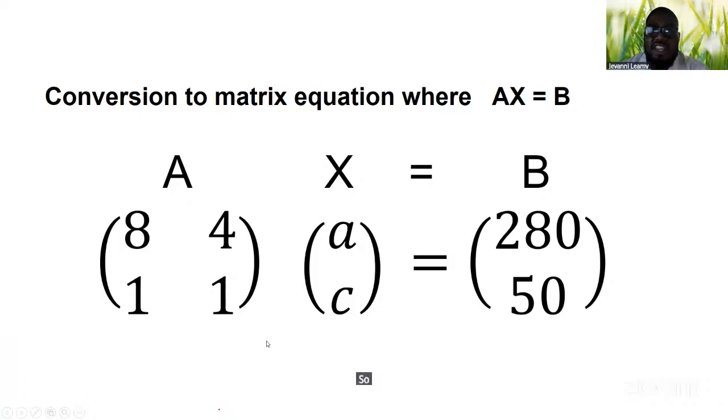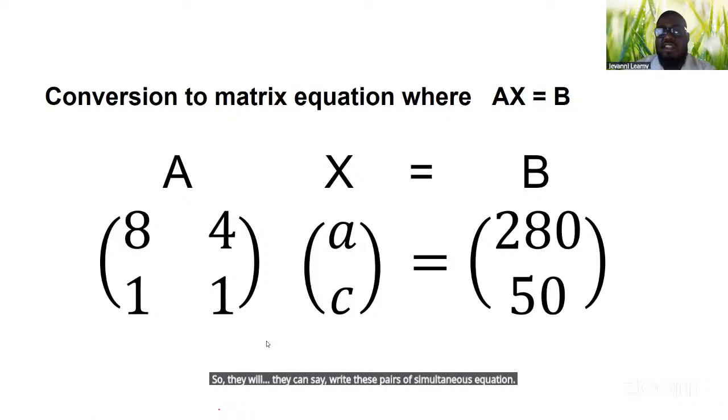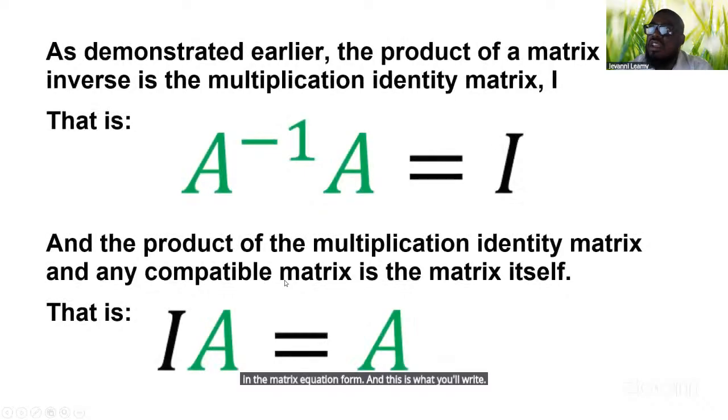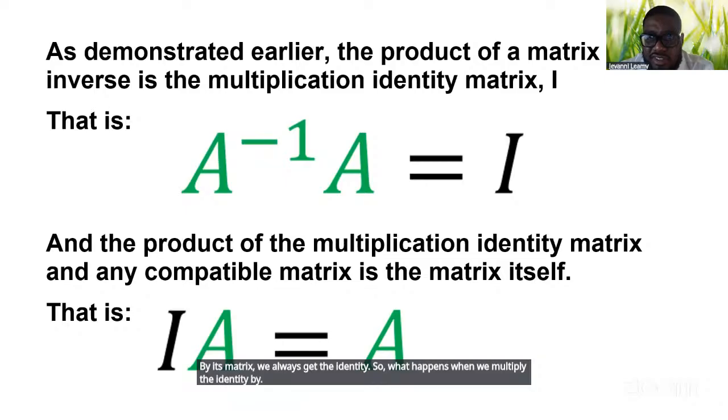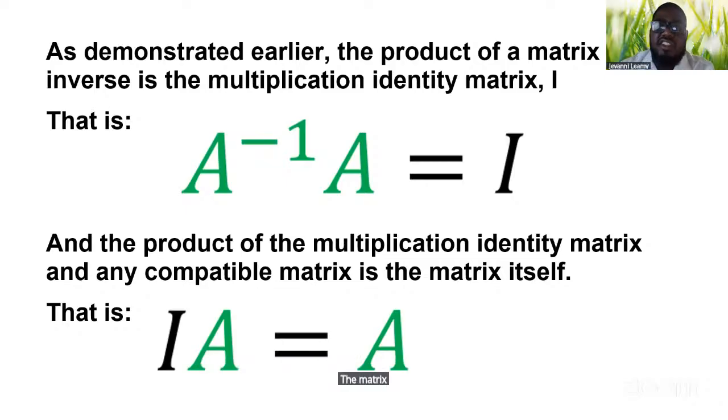So they can say, write these pairs of simultaneous equations in the matrix equation form, and this is what you'll write. All right? So remember that when we multiply the inverse of a matrix by its matrix, we always get the identity. Now, what happens when we multiply the identity by the matrix? We get A. So this is what I was alluding to earlier when I said 1 times A.